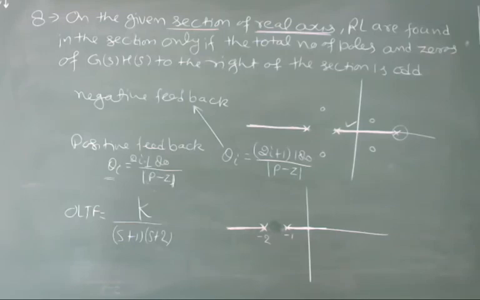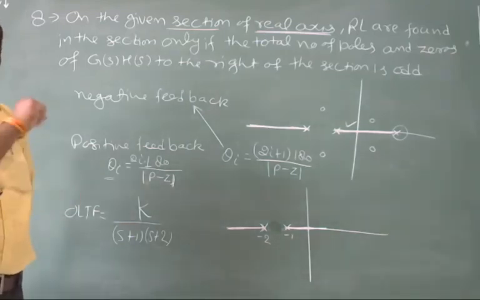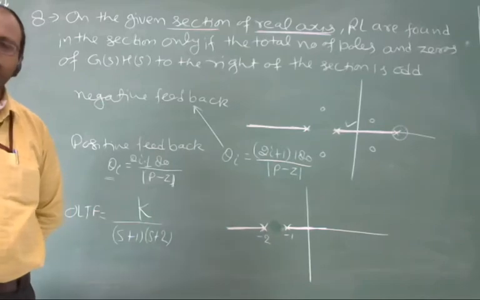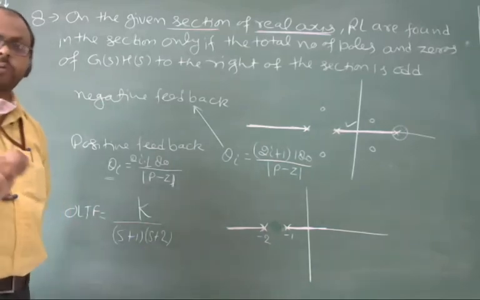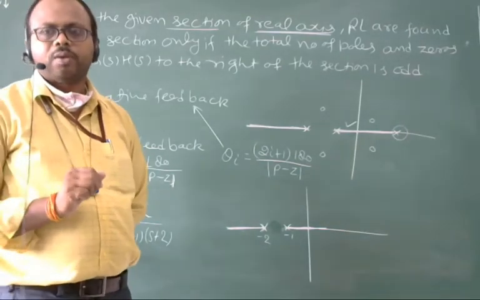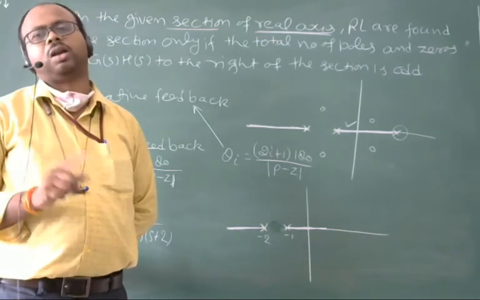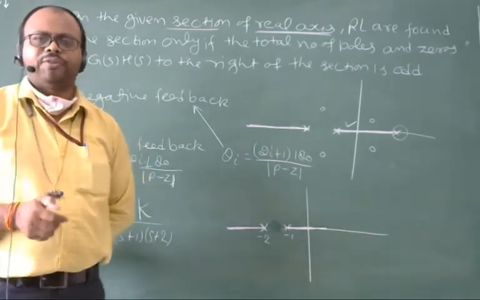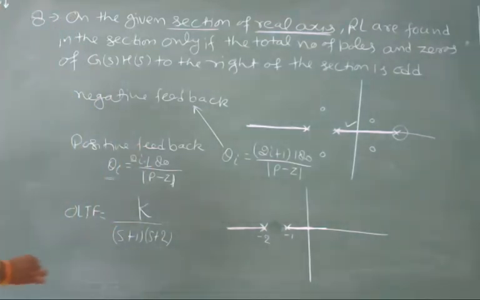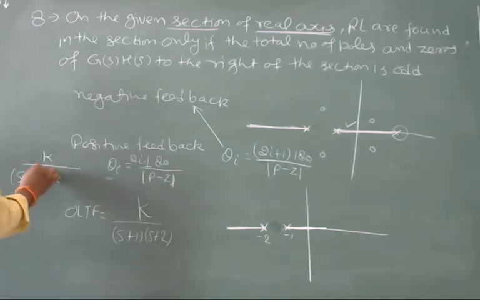Now, what will be the closed loop transfer function? For closed loop transfer function, now we have the option to choose positive feedback or negative feedback. If it is negative feedback, then this will be k divided by (s plus 1)(s plus 2) plus k.